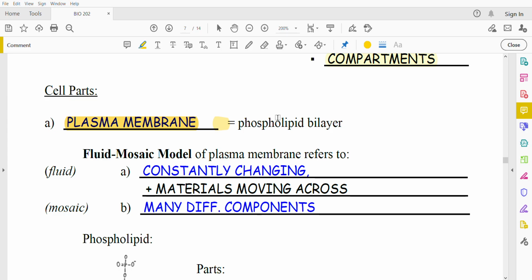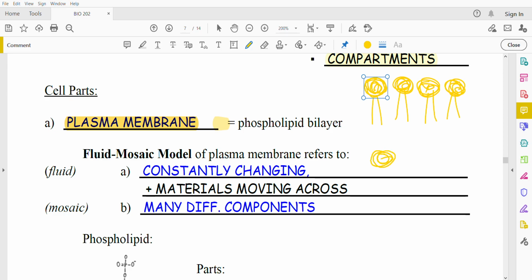And you remember the phospholipid bilayer, that term referred to the fact that these phospholipids had head parts that were attracted to the water, and then they had tail parts that wanted to avoid the water. Well, when you put a bunch of them floating around, and you remember that most of the human body is actually made of water, they want to organize in a way where all parts of the phospholipid are happy.